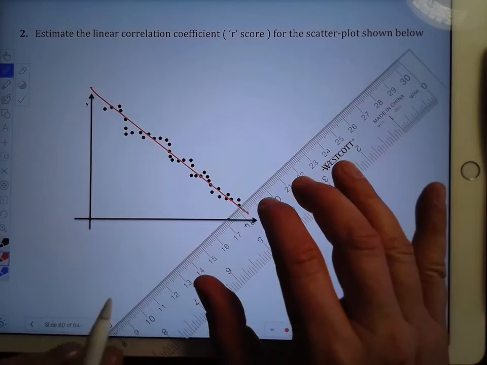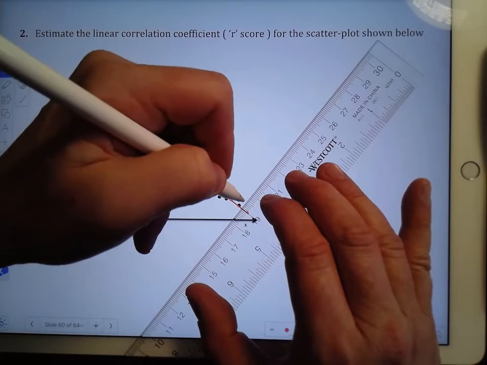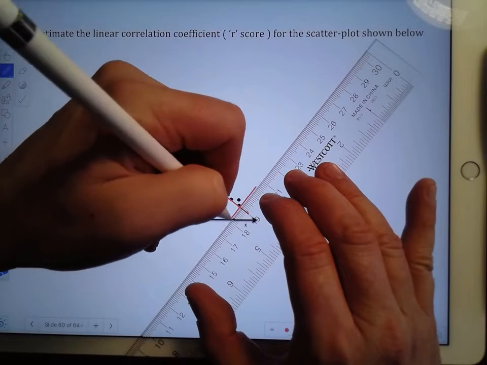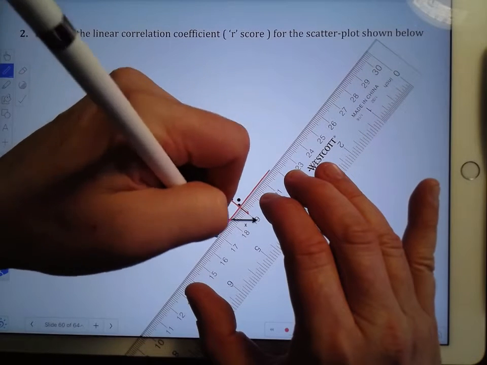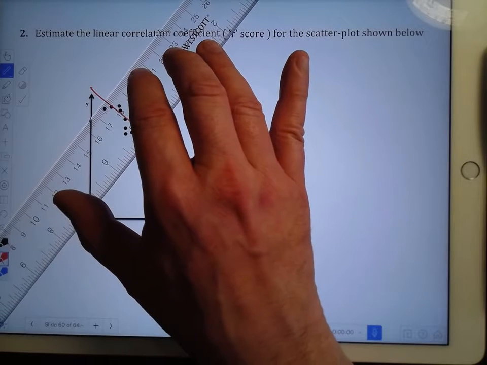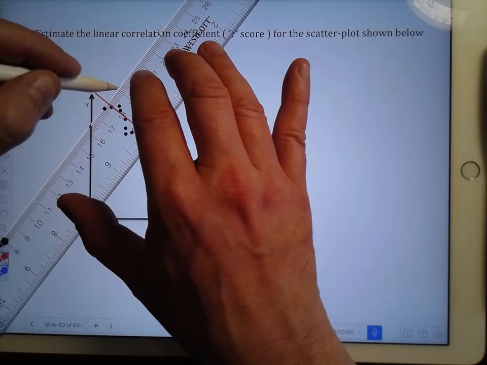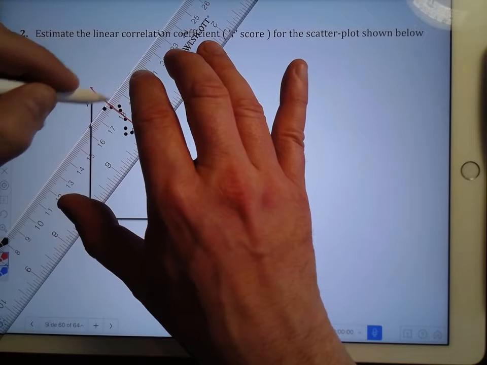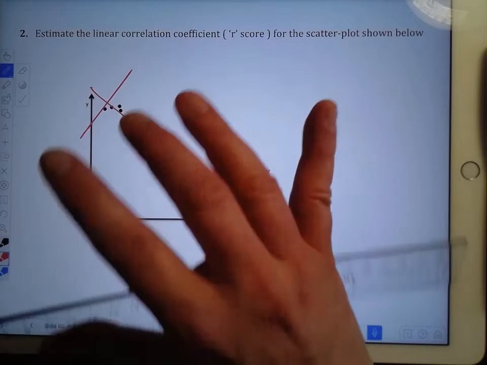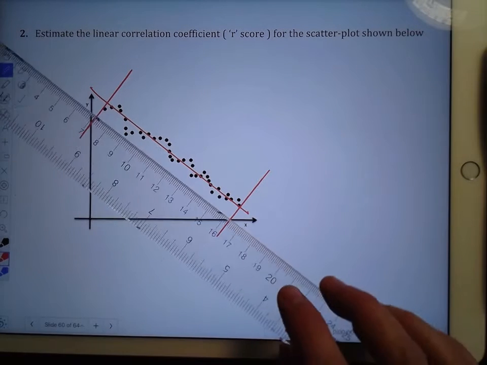So then I just come back here, and as best I can, trying to make a nice 90-degree angle, I'm going to draw one side there, come up, trying to touch the outside edge of the furthest dot. And you can see I caught it right there, right on the edge. If it's possible, that's great.